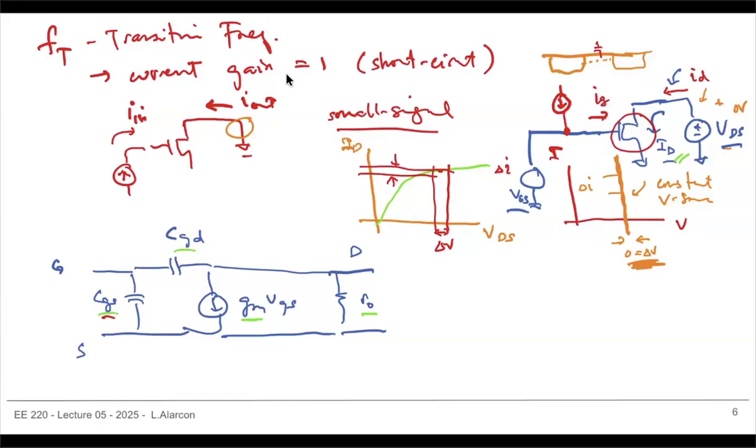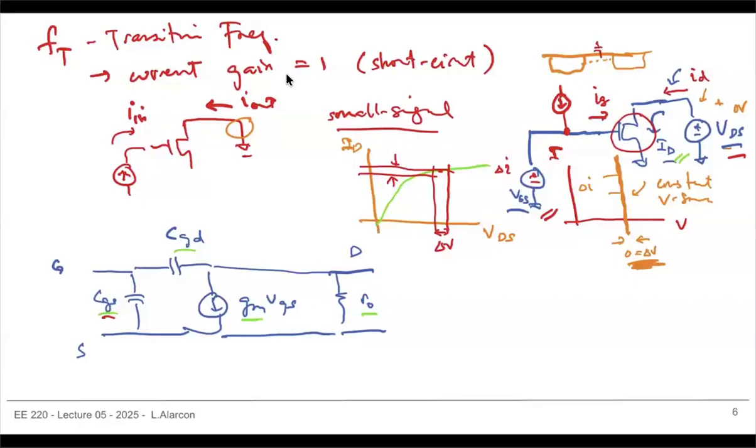However, in small signal, the current flows into the lower impedance. But notice that this is a VGS. This is also a DC source. And a DC source, just like VDS here, looks like a short in small signal.